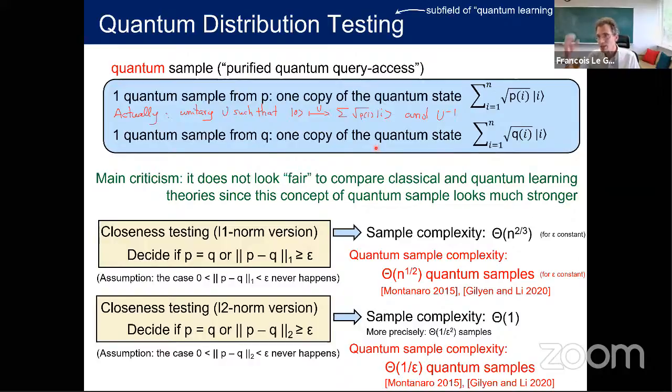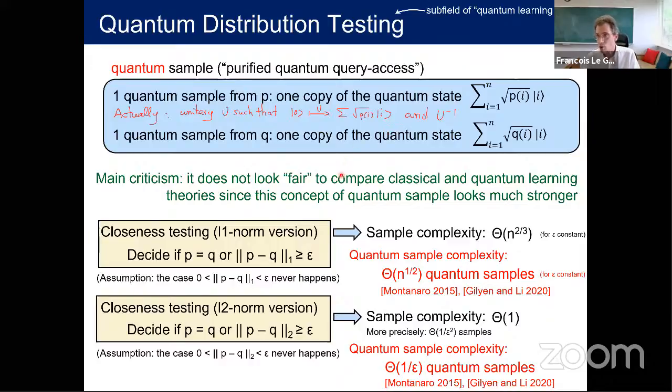So classically, you assume that you have one sample, which is one element, but quantumly, you have a superposition on all the elements, with the probability distribution as amplitude. And even more than that, you have a unitary making this and access to the inverse. So it looks much stronger, and so not fair to compare the classical version with the quantum version.